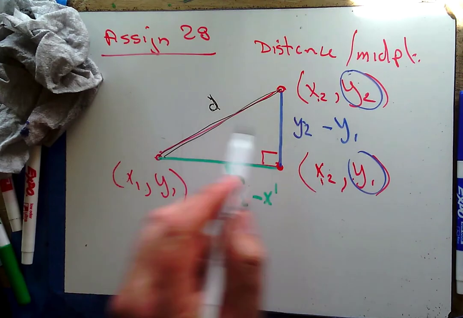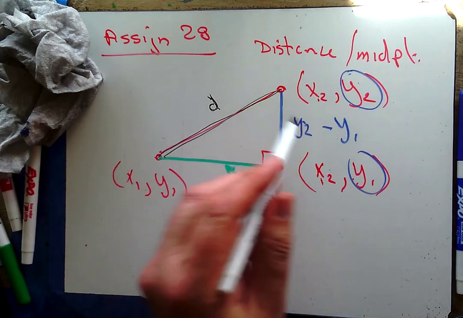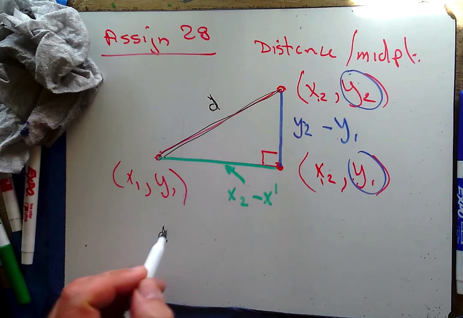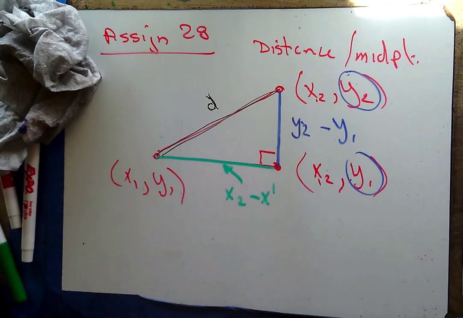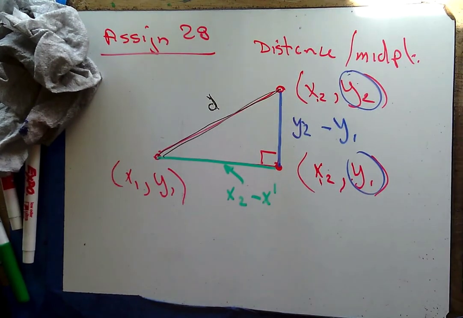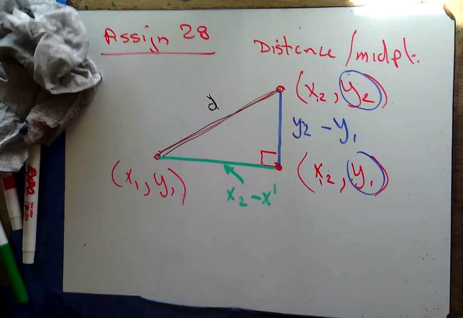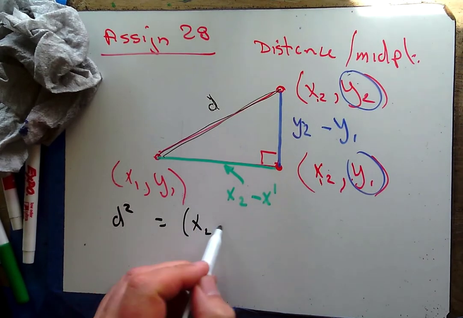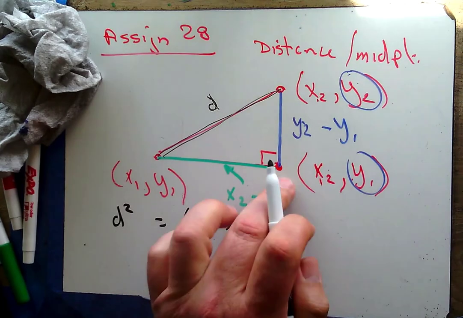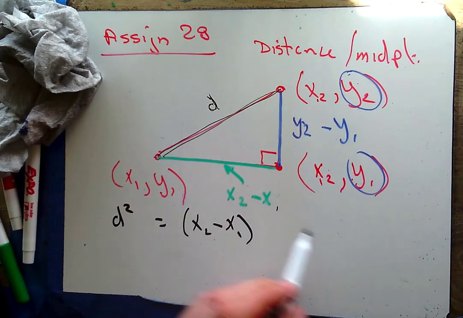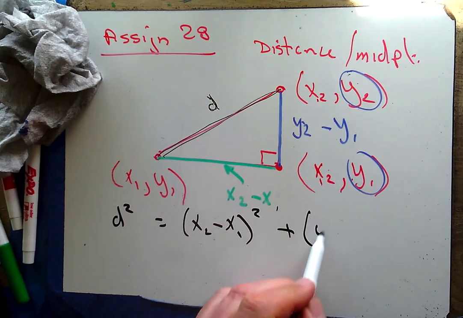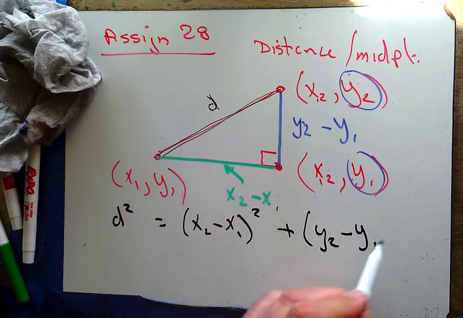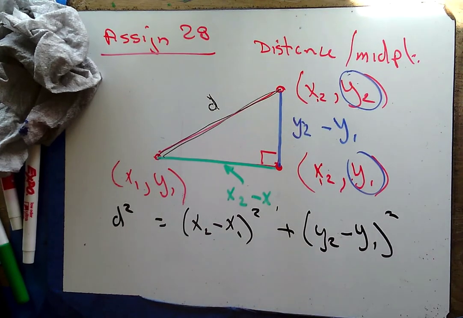And so since I have a right triangle, I can use the Pythagorean theorem to say that distance squared will equal x sub 2 minus x sub 1 squared plus y sub 2 minus y sub 1 squared.